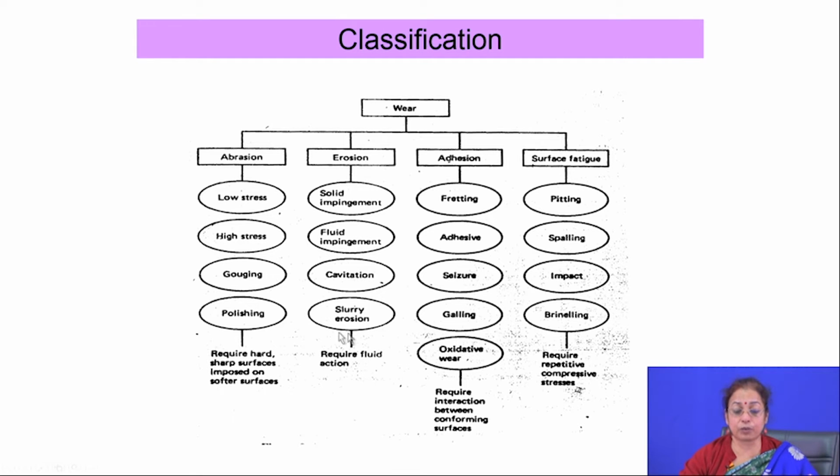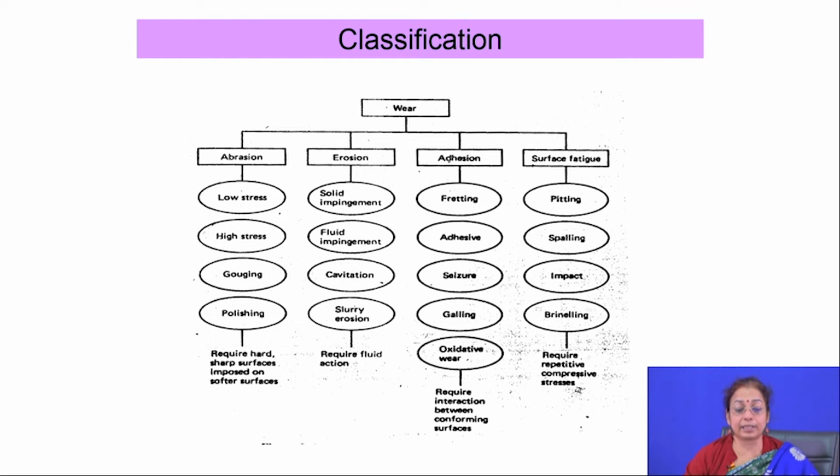The third mode of wear is basically the environment. For wear, the primary requirements are an applied load, usually compressive in nature, relative motion between the two surfaces, and mechanical interaction.